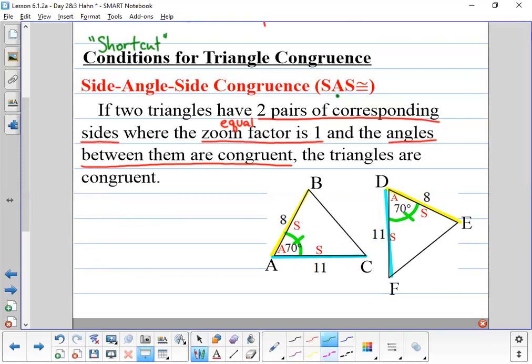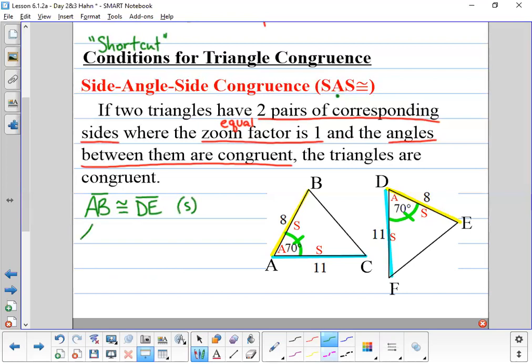So now that I have everything matched up, I can see that I've got the 2 pairs of sides, which are equal. They have a zoom factor of 1. And the angle between them is equal. In this case, the angle is 70 degrees. So I'm going to write out those statements that I know. So I can say that side AB is congruent to side DE because they both have a measure of 8. So there's one of my sides.